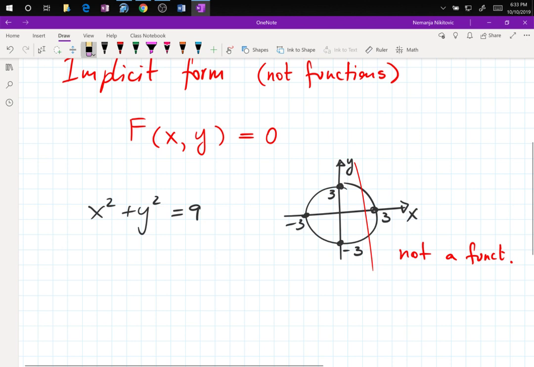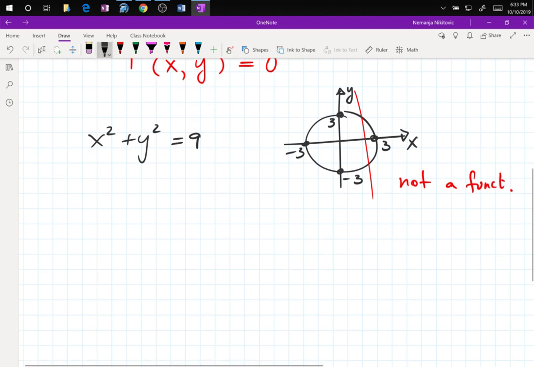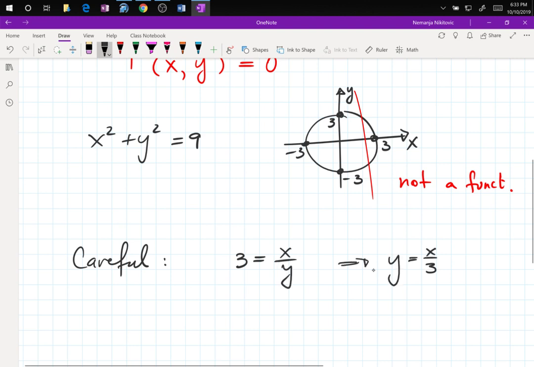So with implicit form, you will not be able to separate these guys. You have to be careful, because 3 equals x over y can be rewritten as y equals x over 3, so that's not implicit, right? Also, if you have, let's say, x equals 3 cosine y, well, you can rewrite this as y equals inverse cosine of x over 3, right?